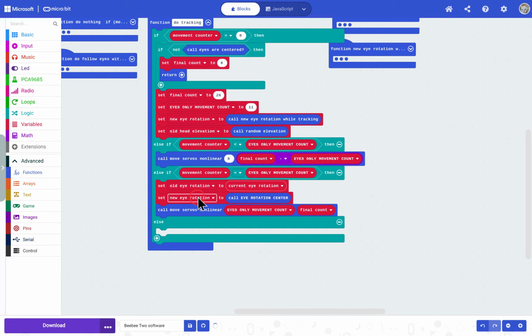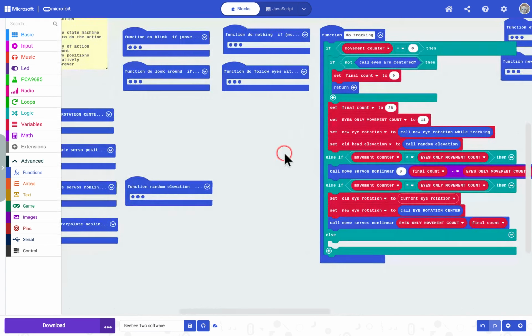Okay, so we want our eyes to go back to the center, and we need to reset our old and new. Now we have a function that does that.